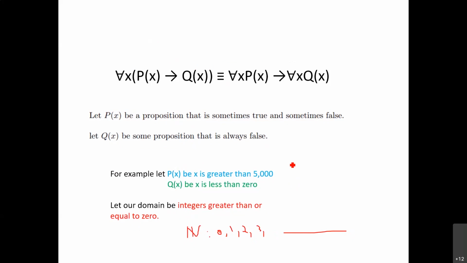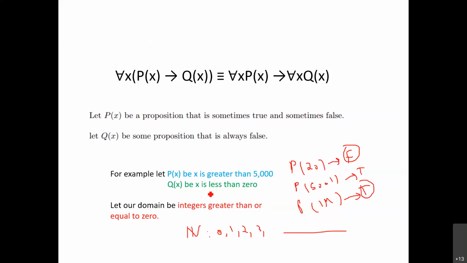For example, if I tell you P of 20, this is going to be false because 20 is not greater than 5,000. If I tell you P of 5,001, it's going to be true. It is greater than 5,000. If I tell you P of 1 million, it's also going to be true. So we can see that sometimes P is going to be false, sometimes P is going to be true.